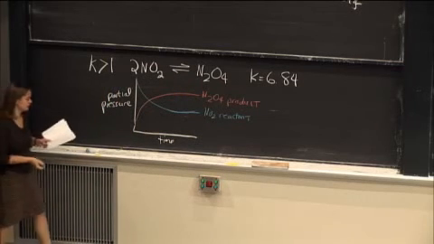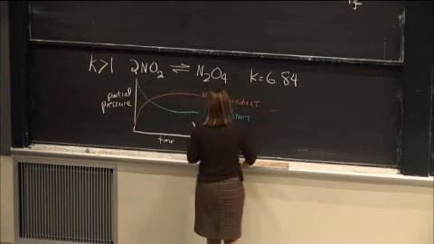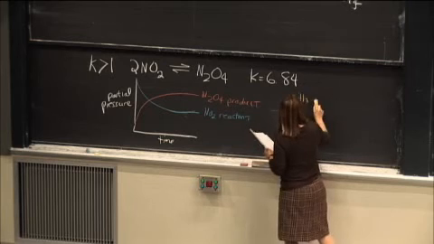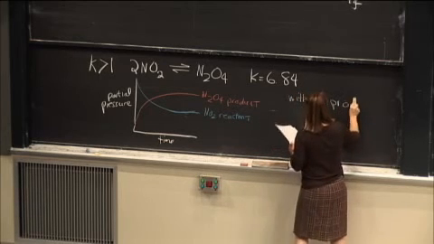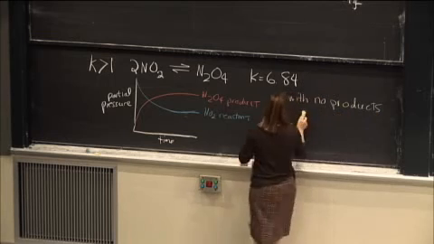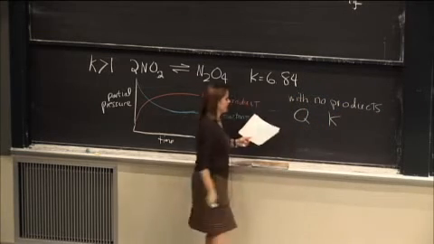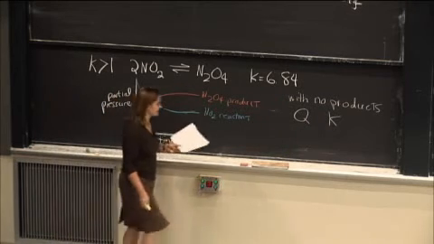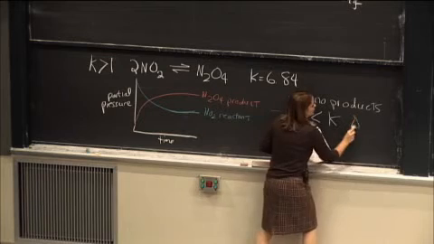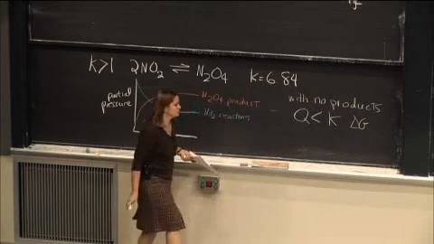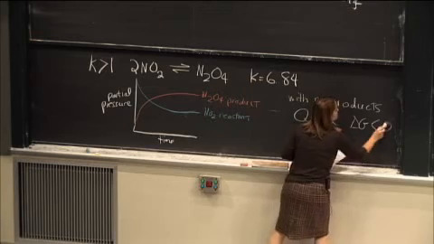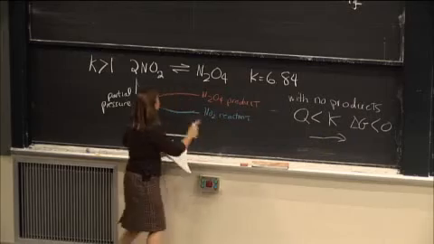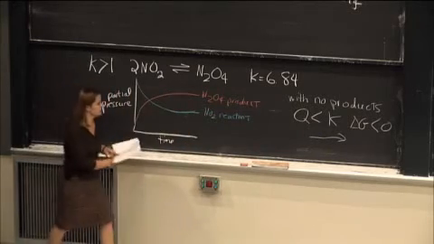So initially, with no products, what is true about Q and K? Q is less than K. And so what's true about delta G? Less than 0, be negative, so be spontaneous in the forward direction. So you're going to be spontaneous in the forward direction, and you're going to make your product.